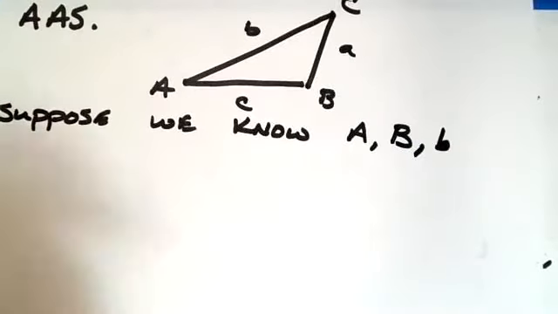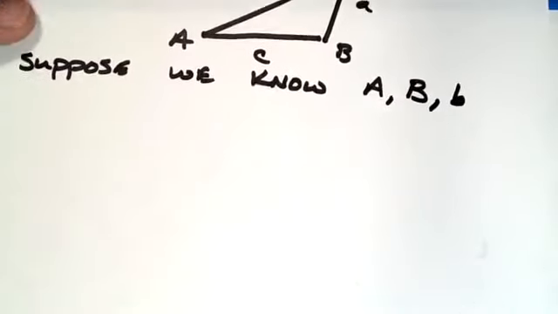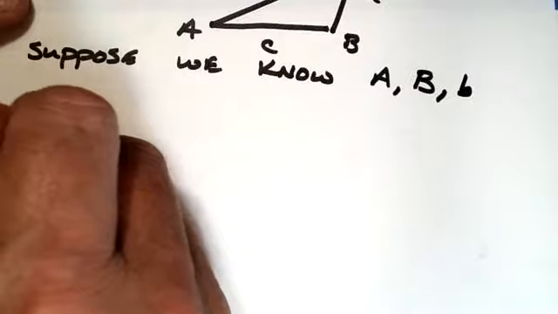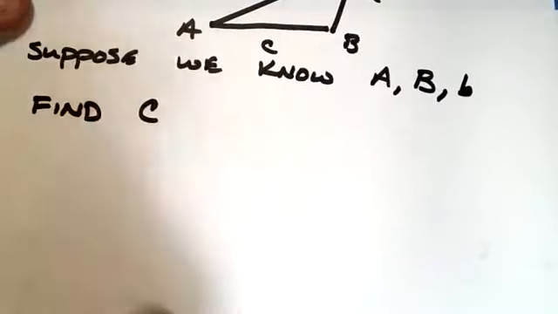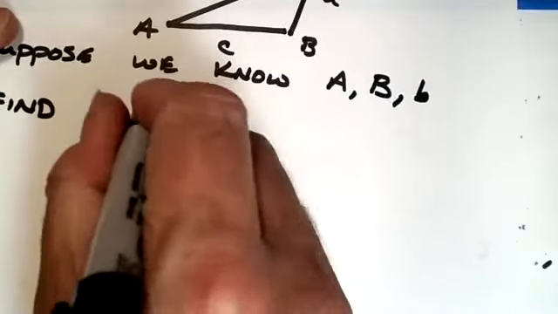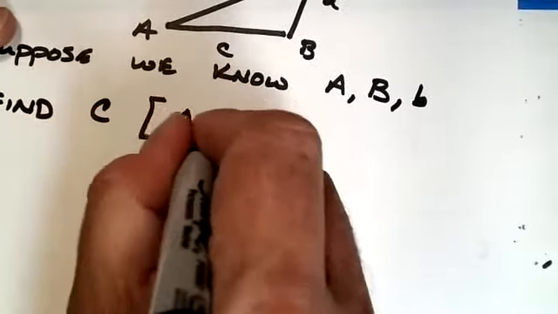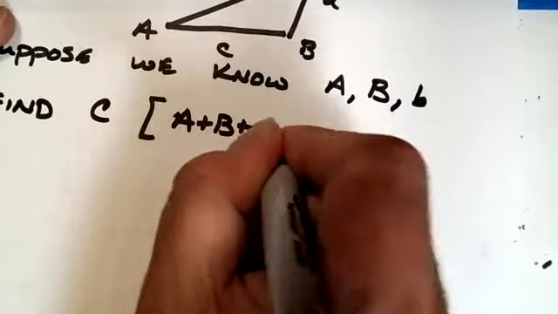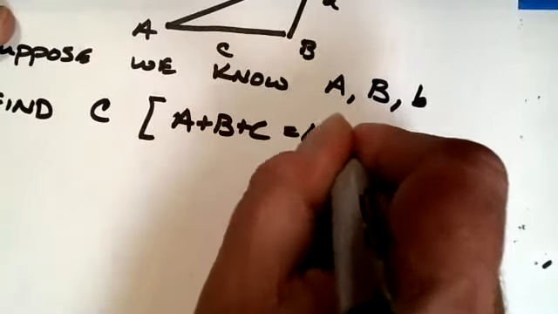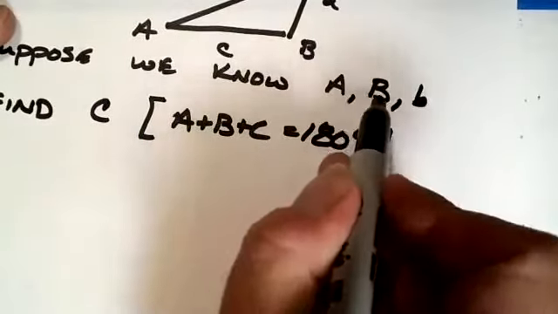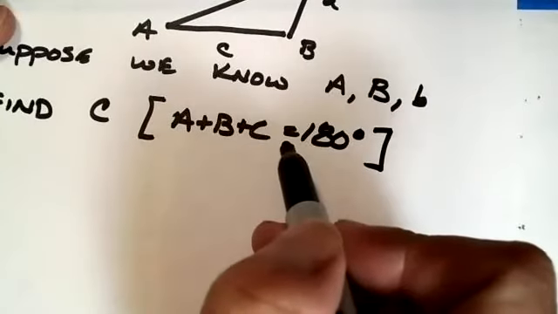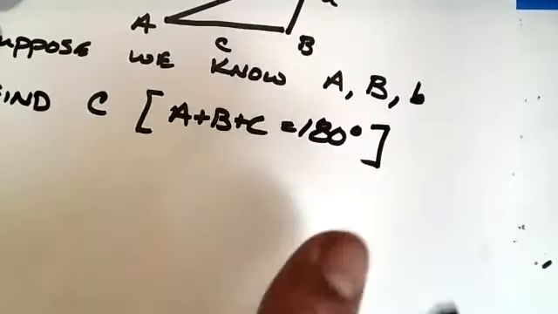All right, so if you knew these, the strategy would be to first find C. Now, how do we do that? Well, we know A plus B plus C is equal to 180 degrees. And since we know A and B, it's pretty simple to find C, right?